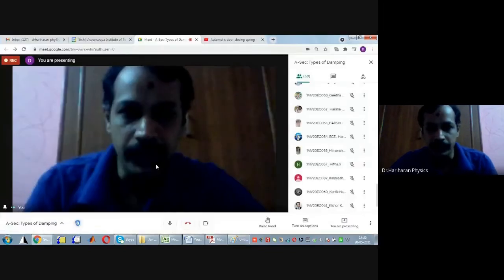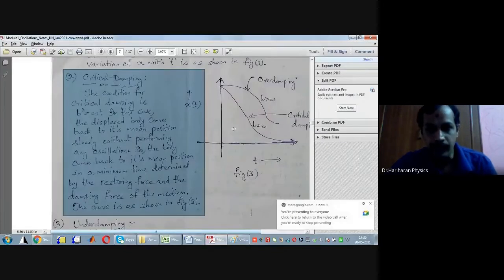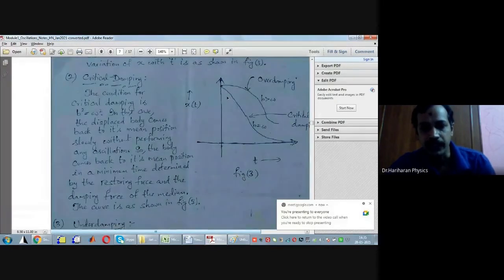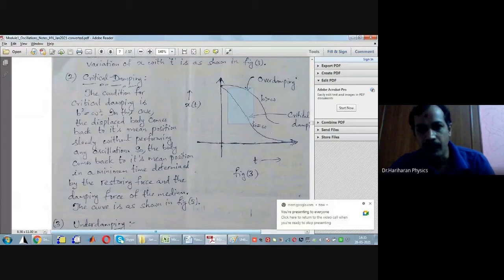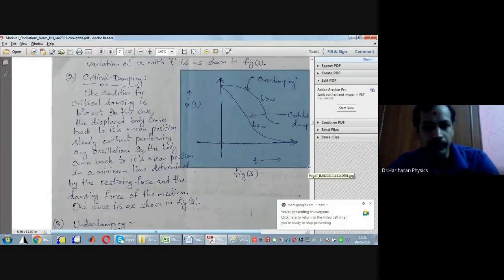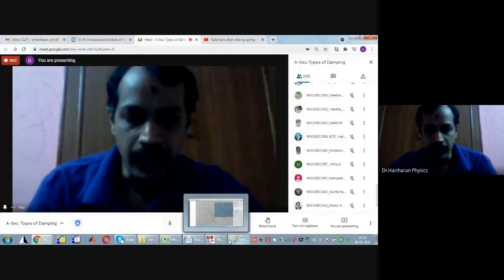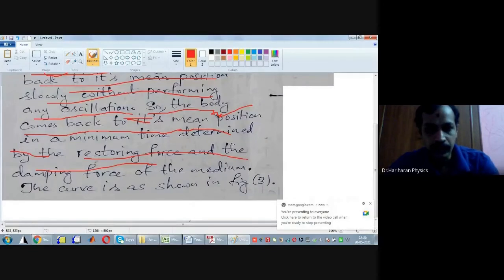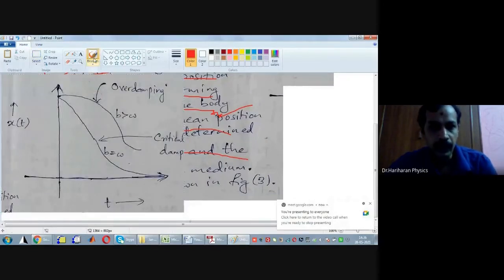Can you see in my notes in our file? How does the body come back to its equilibrium position? If B is equal to omega, it follows this trajectory. If I copy this and put it here, can you see here?